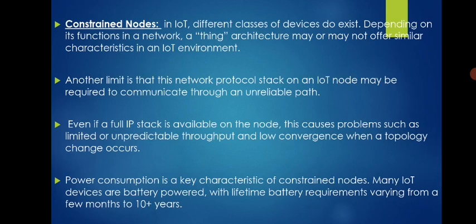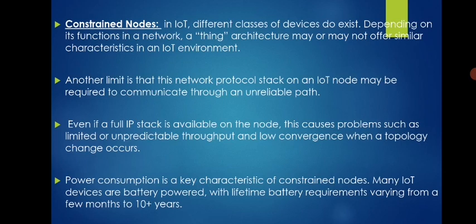So power consumption is also a very important problem, because a few devices have battery backup for only a few months or a few weeks, and a few devices have 10-plus years of battery backup, because their battery recharging system is different.